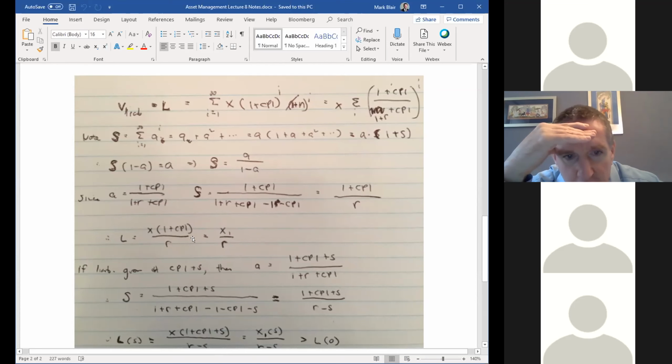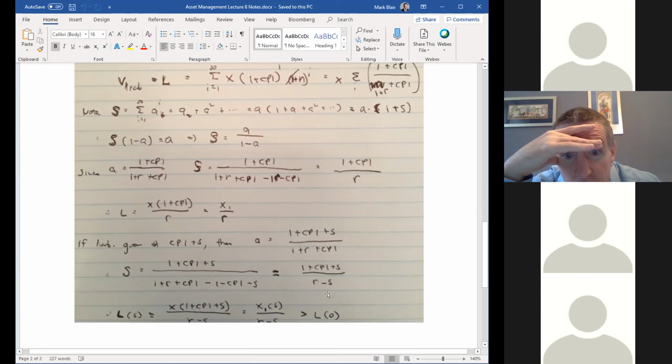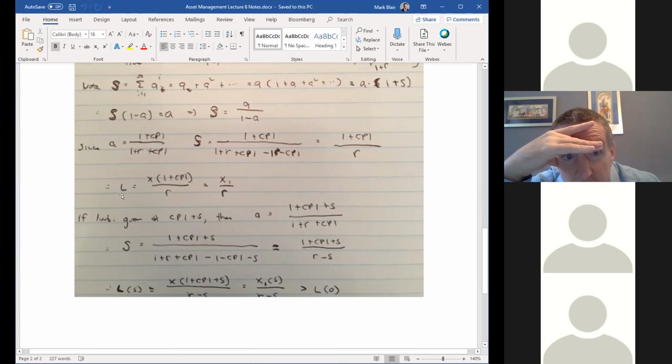Let's say they grow as a spread on top of inflation. That's pretty straightforward. All we do is add a spread to the term that we're infinitely summing, and we're left with this expression for the infinite sum. Unfortunately, the picture is cut off a little bit, but the value of the liabilities with the spread is next year's cash flow divided by the real yield minus the spread.